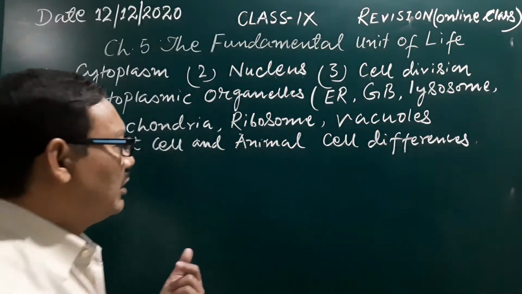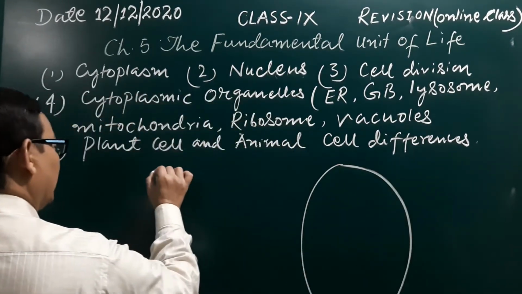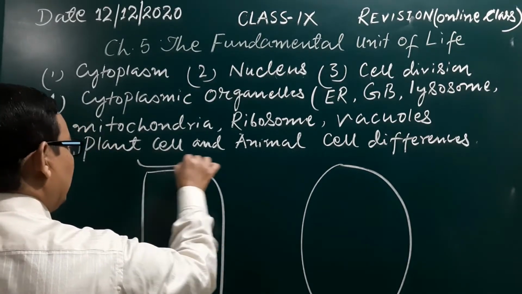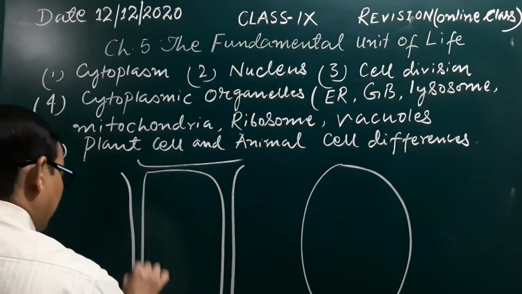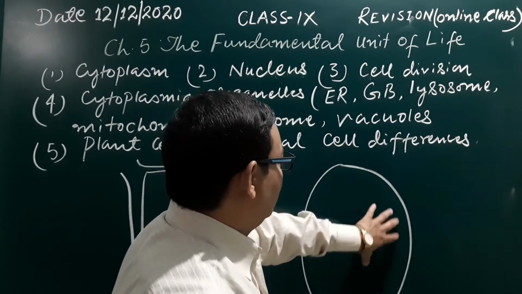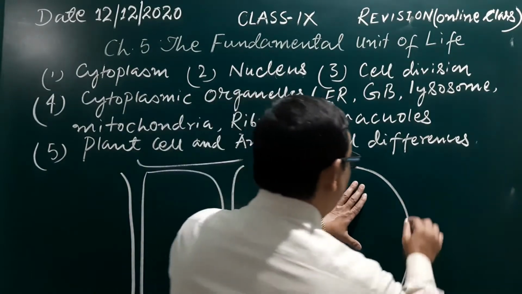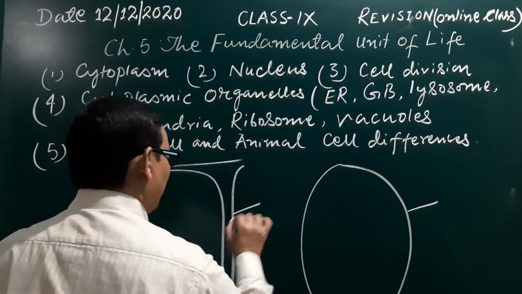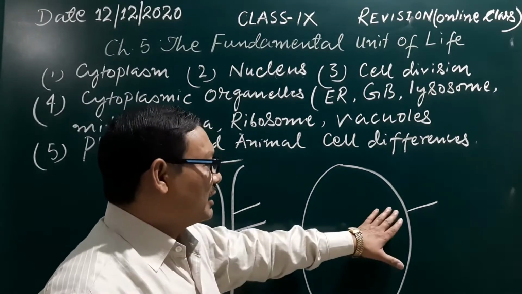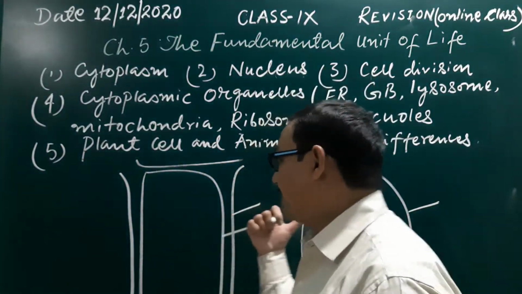And similarly, when we talk about the plant cell, what are the contents within this cell and within these cells? This is the plasma membrane or the cell membrane, and this is the cell wall. Both are present within the plant cell, and only a single surrounding membrane is present in the animal cell.